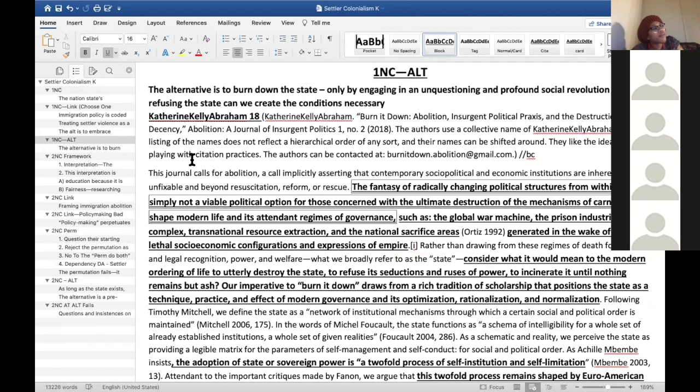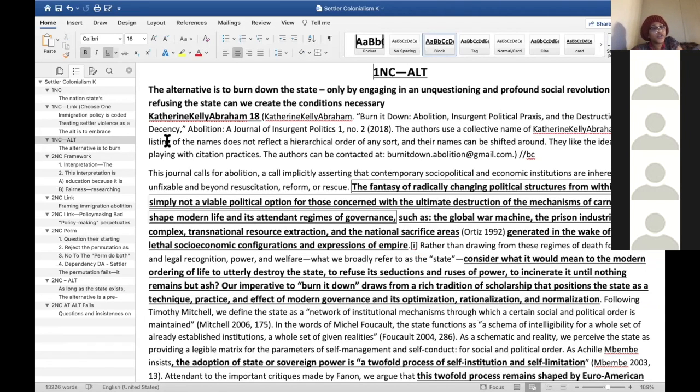We were talking about the link level, which is a really important part of the critique, but the link, the impact, and the alternative are all equally important, especially in the earlier parts of your careers.